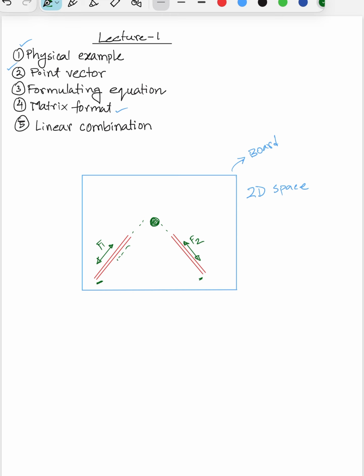So for example, the outward force can be created by using a plunger mechanism, or the inward force can be created using a vacuum system. So these are our actuator systems. Now the task is that we want to control the motion of this ball.